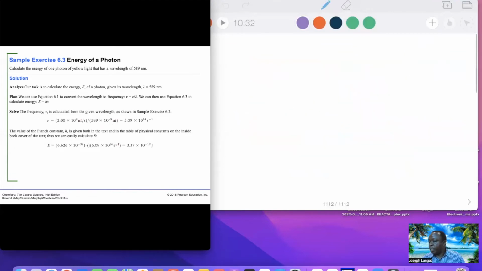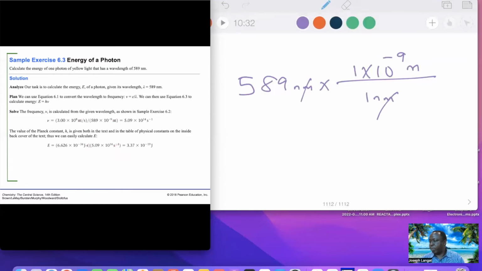It is 589 nanometers times 1 times 10 to the -9 meters per nanometer, so nanometers cancel, and this is 5.89 times 10 raised to -7 meters.